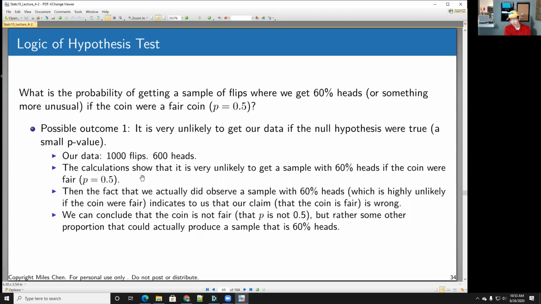And if the probability that it lands heads is 58%, then yeah, we could believe the outcome of getting 600 heads out of 1,000. Or maybe the true probability is 60%. But we would have a hard time believing that the coin is a fair coin where it lands heads 50% of the time.